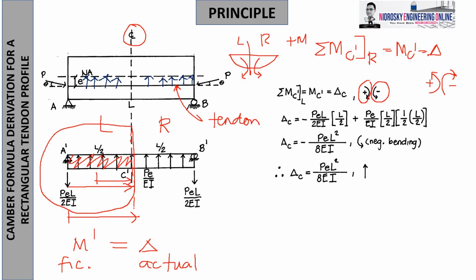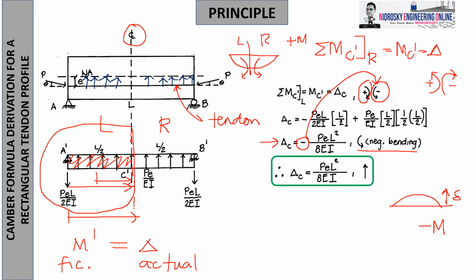As you simplify, you will get delta C of negative PEL squared over 8EI. Remember, negative means negative bending, and with negative bending we know the beam curves like this. So the deflection is going up. We can now conclude that delta C is equal to PEL squared over 8EI, removing the negative sign, and the deflection goes up.